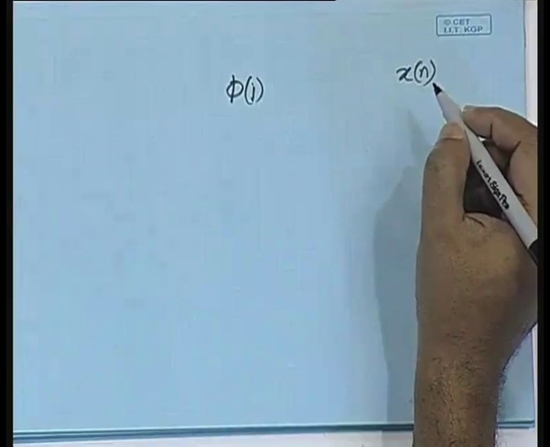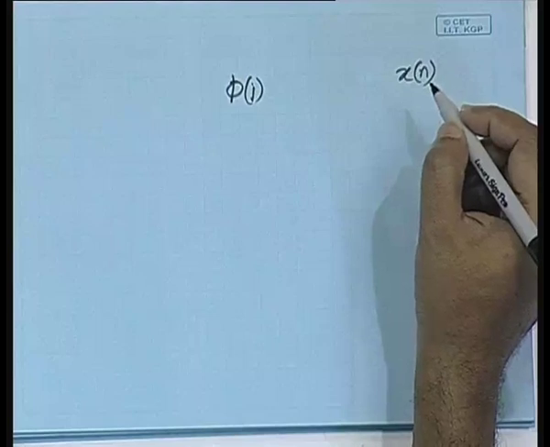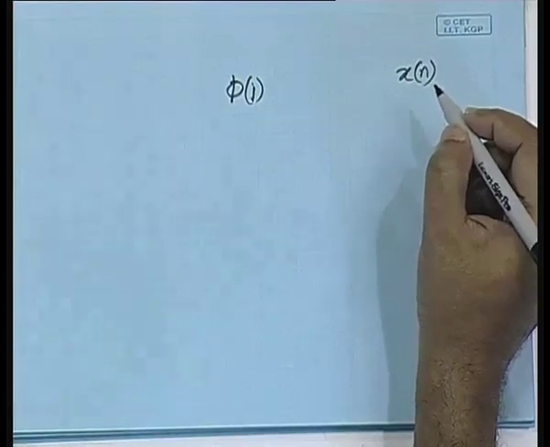We are exploiting the fact that for differential quantization, we can do it very effectively when there is substantial correlation between the immediate past sample and the present one. So we can definitely expect that under such cases phi of 1 should be of a very high value, phi of 2 will also be somewhat high but not as high as phi of 1, and the correlation values should decay with increasing value of j.